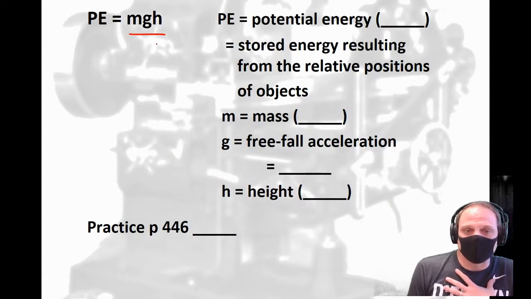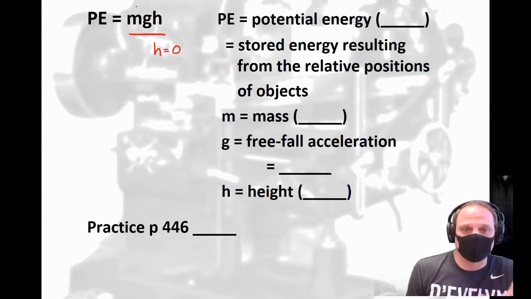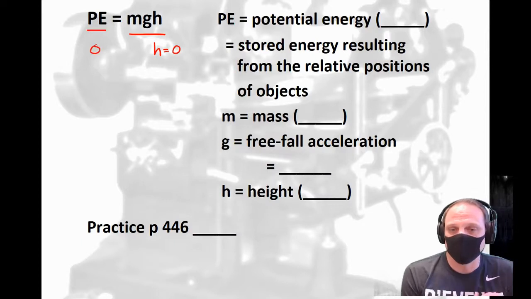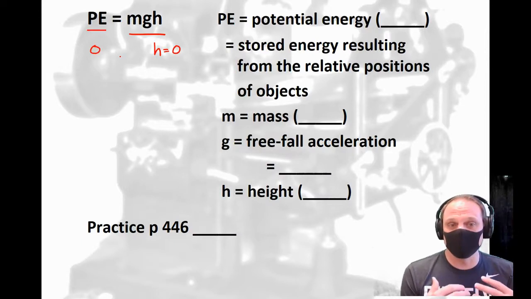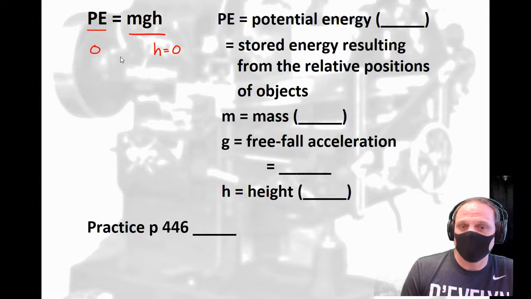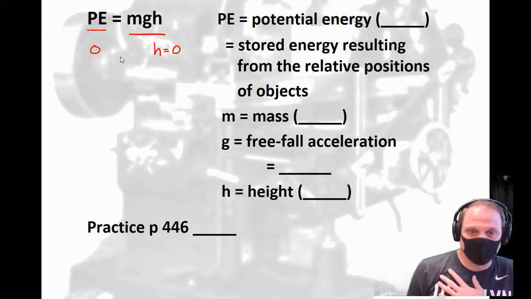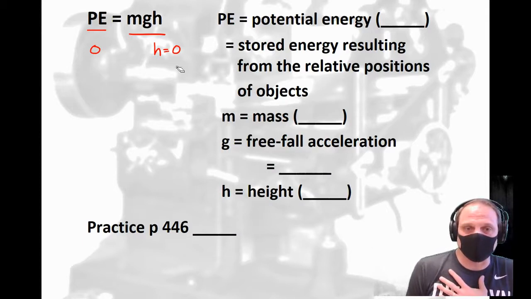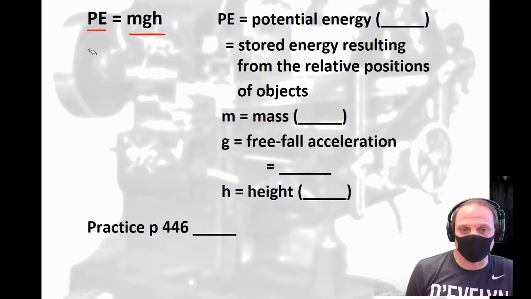So if my height is equal to 0, then this whole thing is going to be something times 0, which means potential energy would be 0. So potential energy is based upon position, and you've got to have some sort of height in order to have that position. And so that's why you've got to imagine the potential energy based upon location.